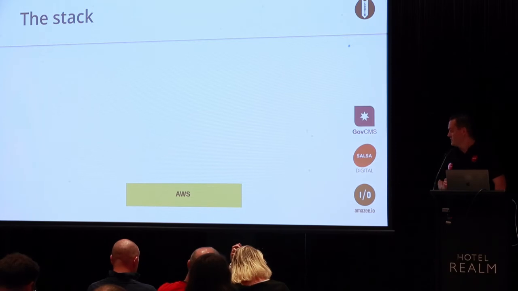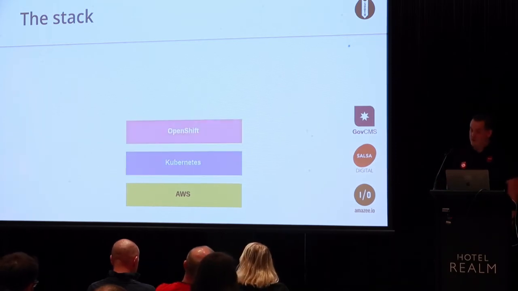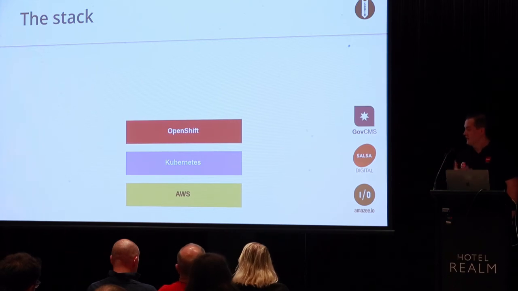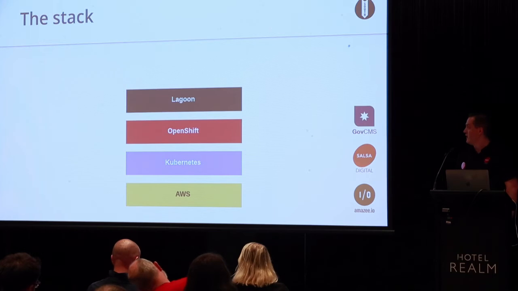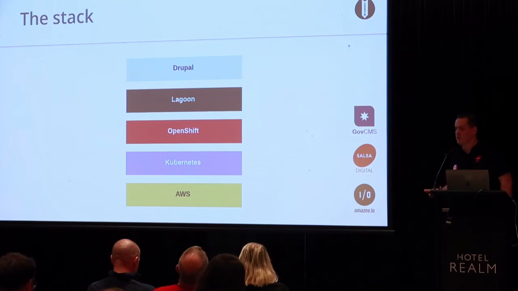So underneath it uses AWS, and with Kubernetes on top, with OpenShift, which is a distribution of Kubernetes, and then with Lagoon controlling all that, and with Drupal then using Lagoon, or Lagoon using Drupal in this case. So that's kind of the stack. Sometimes people ask, what is Kubernetes?